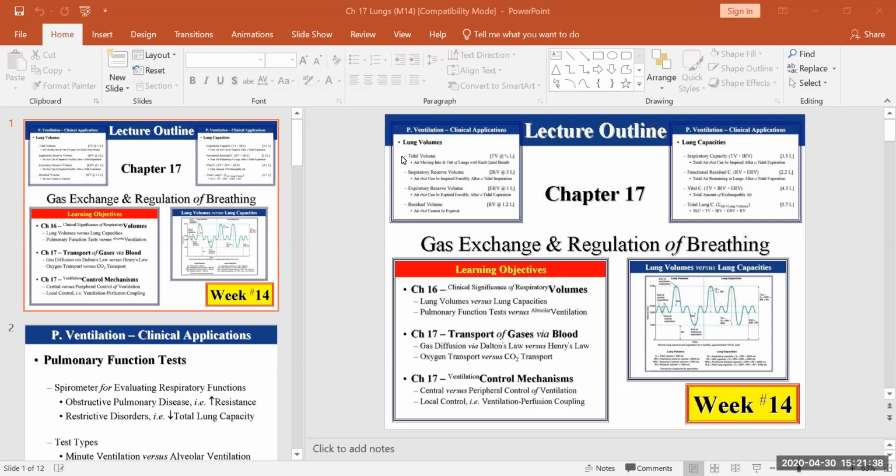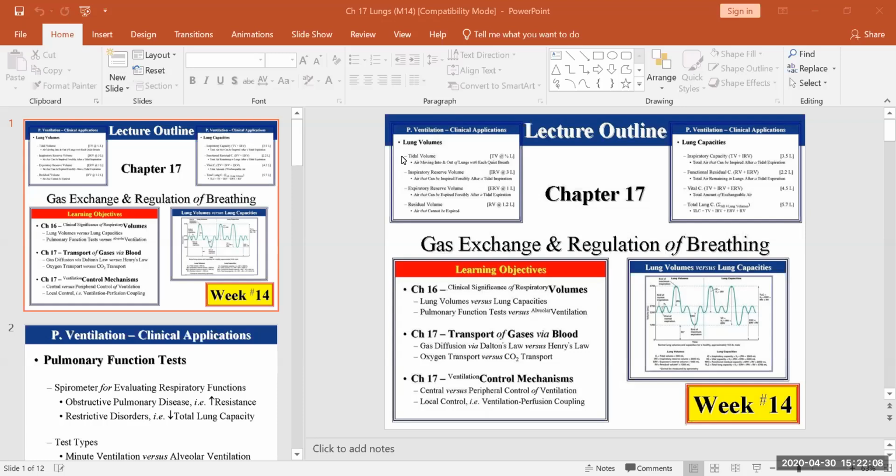So basically, we call that a quiet breath. At rest, you take around 12 breaths per minute. Each time that you're inhaling, breathing in, and exhaling, breathing out, you're moving in and out of your lungs half a liter, or 500 cc's or ml of air. And we call that quantity of air tidal volume.